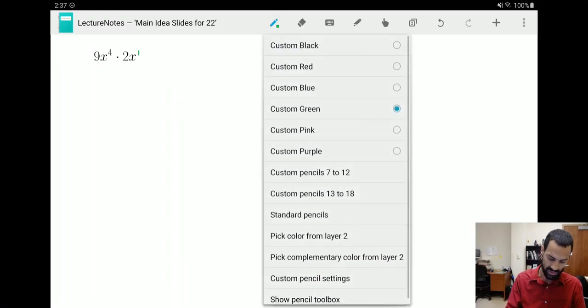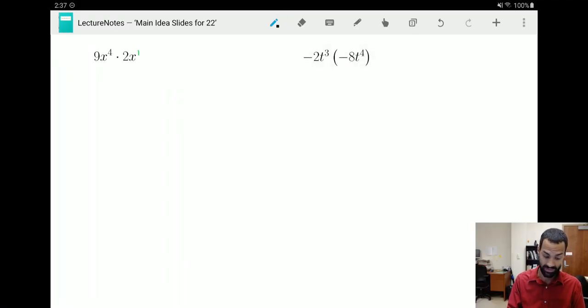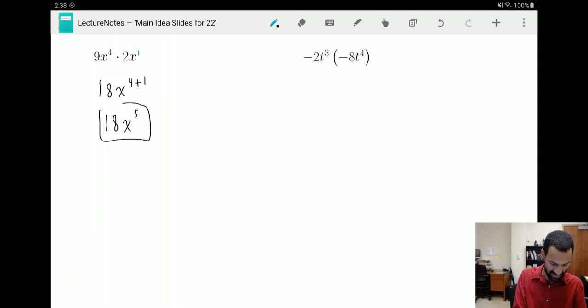And so if I'm trying to multiply 9x to the fourth times 2x to the first, keeping in mind I can shuffle things around, 9 times 2 is 18, and x to the fourth times x to the first, we'll add those two numbers together. 4 plus 1 is going to be 5, so we have 18x to the fifth power. That's a lot easier to do than to write it all out like we did a second ago. And again, you can skip writing this step out altogether. You don't need to write out the 4 plus 1 to know that it's 5.